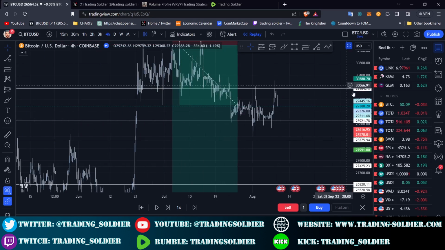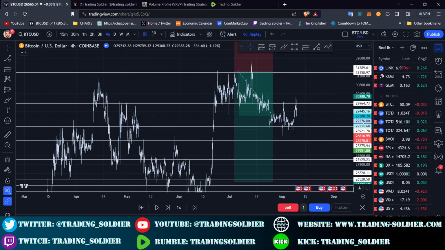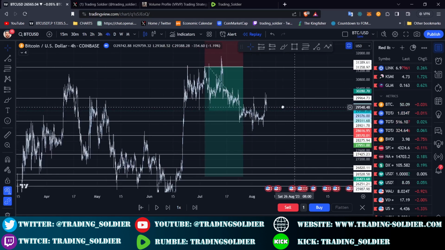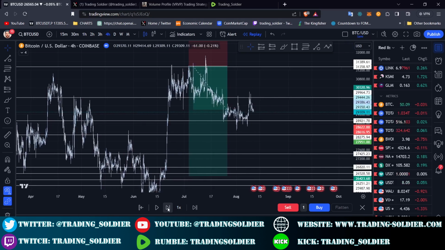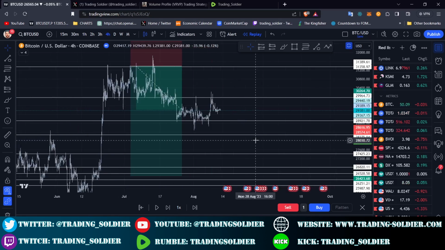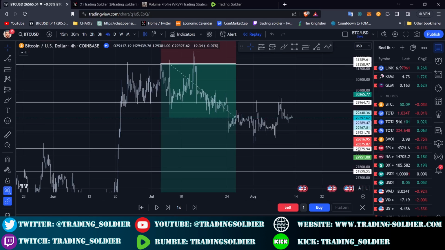You see how patient you have to be to have a very profitable trade from a swing trade perspective. You need to be a lot patient, okay? This is every 4-hour candle that you need to wait, that you are looking at the charts, that you are checking the charts in your phone, in your desktop application of TradingView, okay?